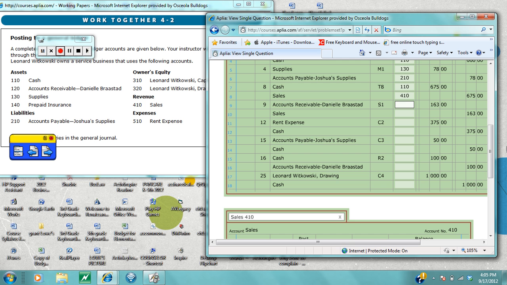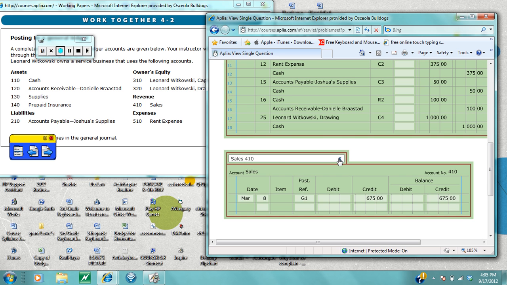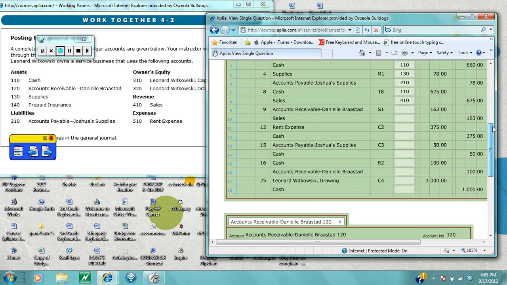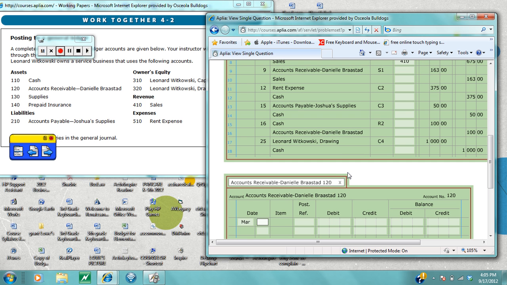Now the 9th, accounts receivable. Notice we put the day, month once. You put the day by every transaction. The 9th. Post reference G1. General journal page 1. Accounts receivable. Here it's a debit. So there it's a debit. Take the account number, 120, put it in.